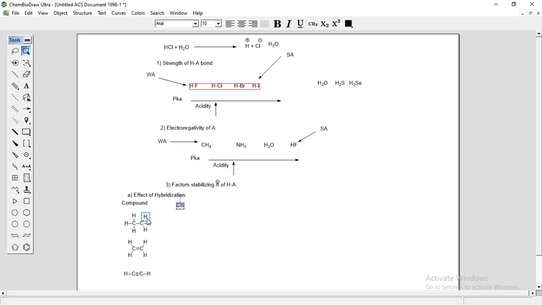After a base abstracts this proton from ethane and acetylene, it converts to its conjugate base.